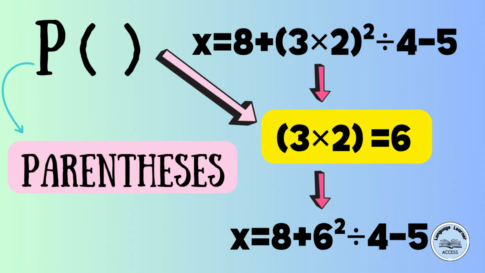The first step is the letter P. The letter P stands for parentheses. So the first thing you do is whatever is inside the parentheses. In this case, it is 3 times 2. That equals 6. Now we copy the equation, adding the new information.